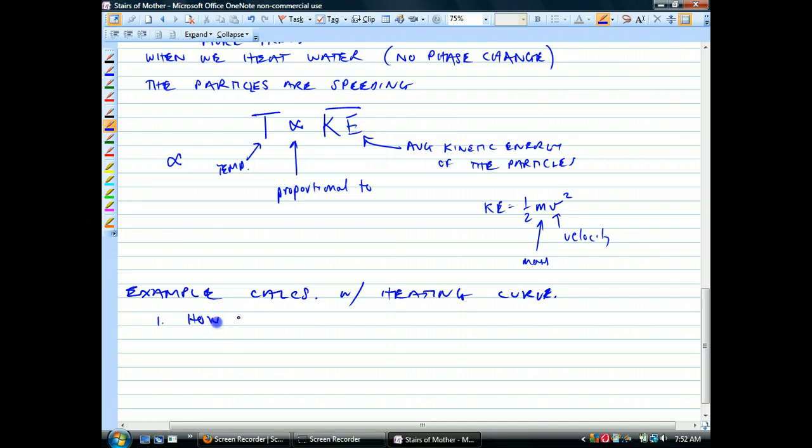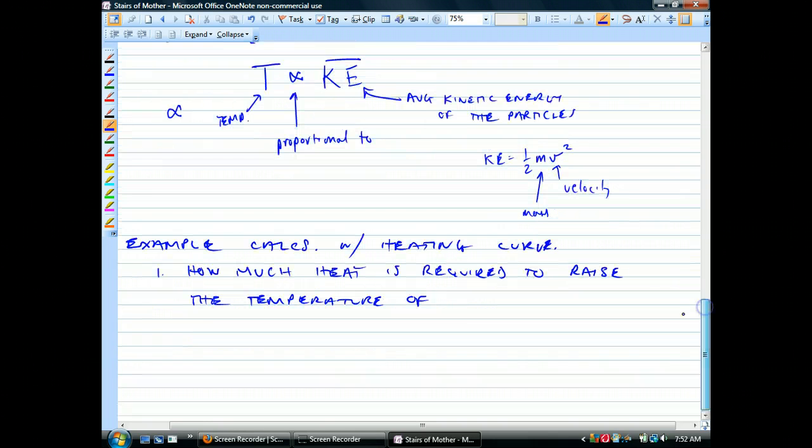How much heat is required to raise the temperature of, let's make it simple, 100 grams of water from room temperature, 25 degrees C, to 125 degrees C.